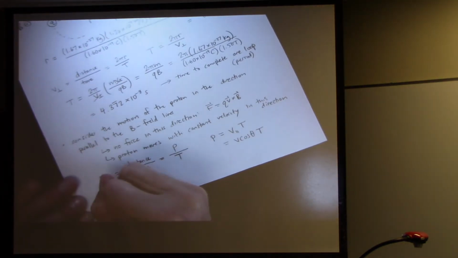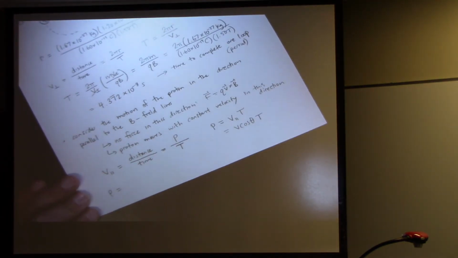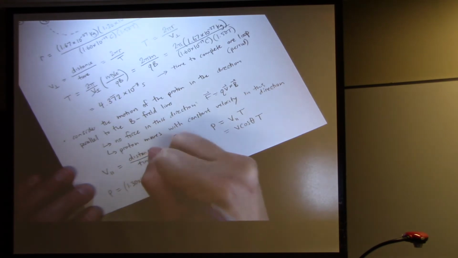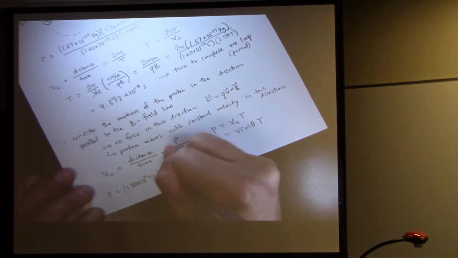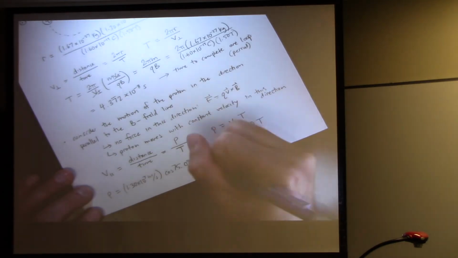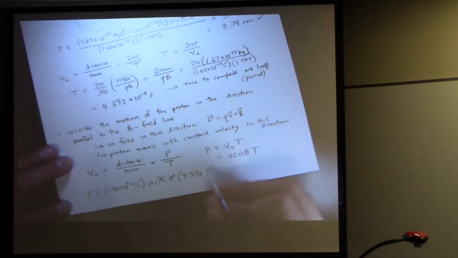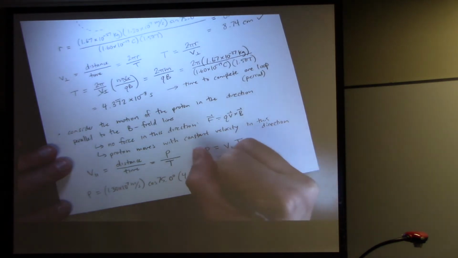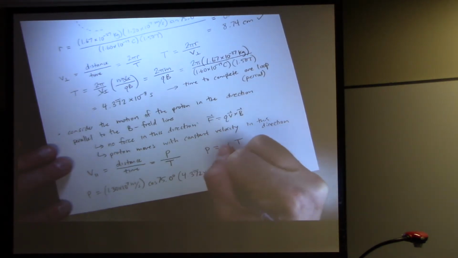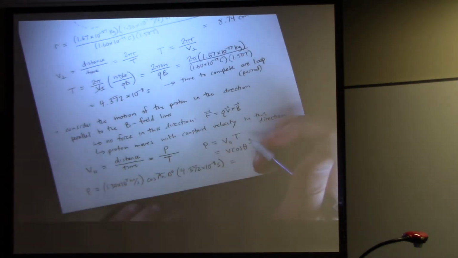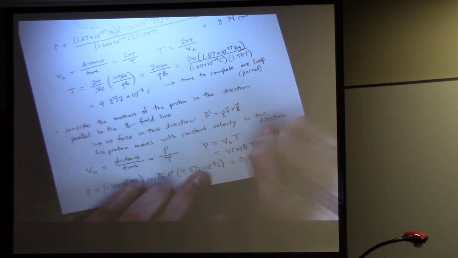The pitch distance, or the distance between those loops, is equal to V, 1.3 times 10 to the 7 meters per second, cosine 75 degrees, times, so we're going to just plug in what we calculated for the period of the motion, which is 4.372 times 10 to the minus 8 seconds, which gives us, for the distance, 0.1471 meters.